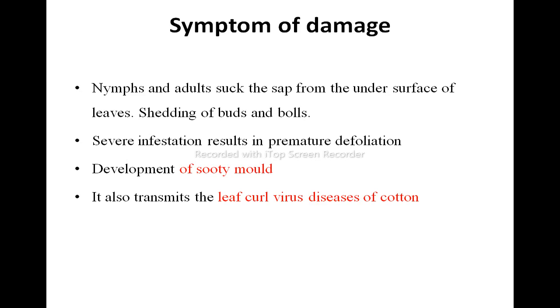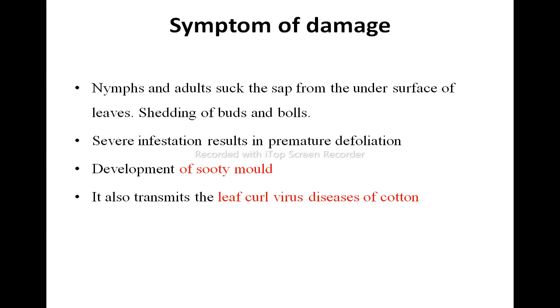Because of that the shedding of buds and bolls takes place. When the whitefly causes severe infestation, at that time on the crop we can see premature defoliation, meaning the leaves fall down before maturing.